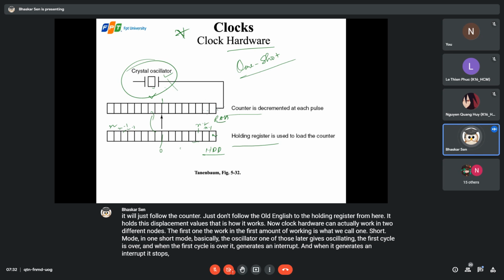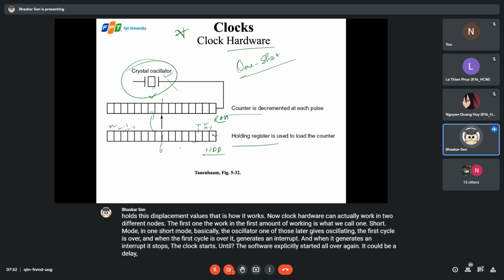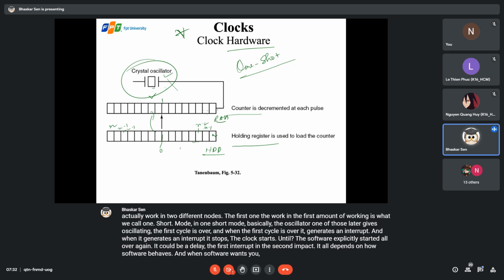The clock stops until the software explicitly starts it all over again. There could be a delay between the first interrupt and the second interrupt. It all depends on how software behaves and when software wants to start it. So basically, software has a greater role to control it.